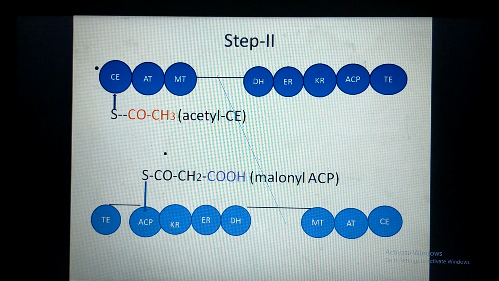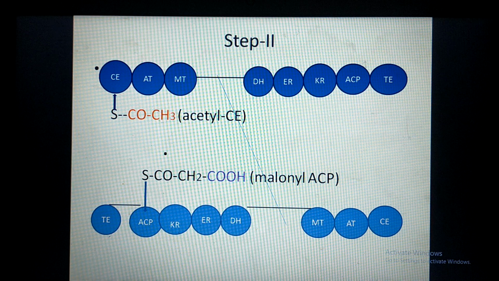So in this way, in step 2, with the help of two enzymes, acetyl transacylase and malonyl transacylase, acetyl group and malonyl group are added to condensing enzyme and acyl carrier protein respectively. So the names of these two are acetyl CE, that is condensing enzyme, and malonyl ACP, that is acyl carrier protein.